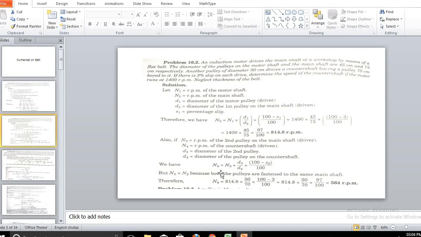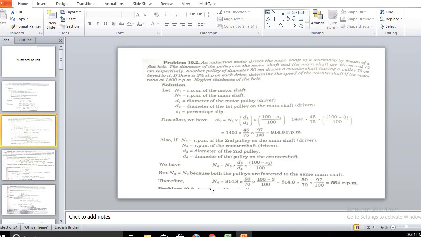So for the second case, N4 by N3 is equal to D3 by D4, and slip is given, so this bracket is present here. So N4 becomes 814.8 RPM into 50 by 70 into (100 minus 3) by 100. After simplification we will get 564 RPM.